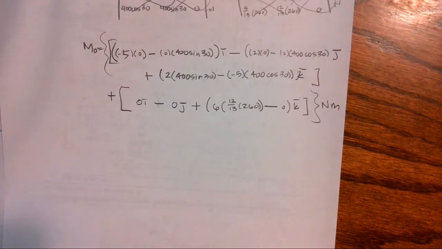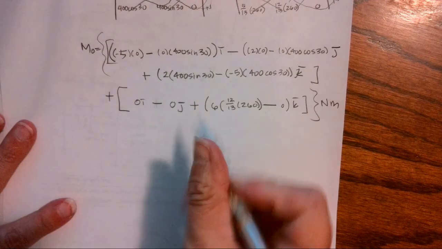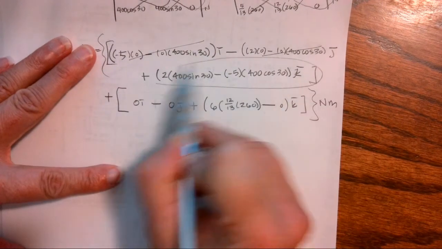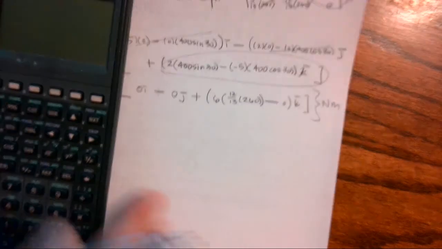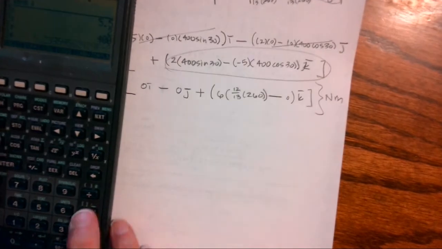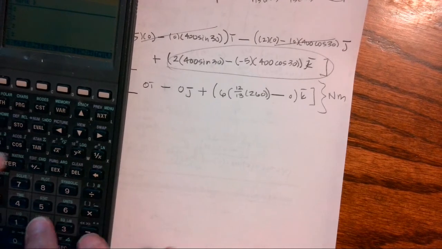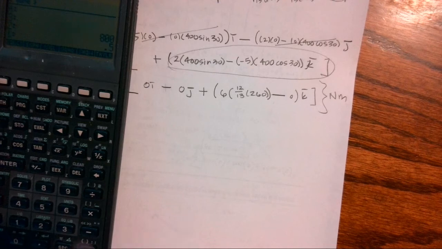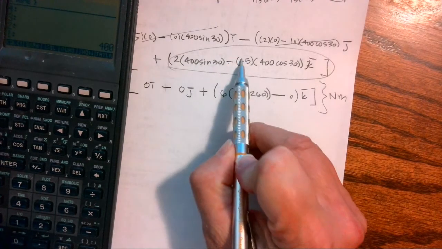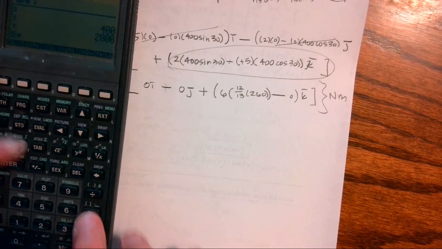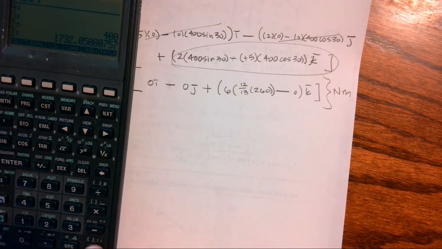When we work this out, the i component is 0, and we're left with this value: 2 times 400 sine 30, minus a negative makes a positive, 5 times 400 cosine 30.